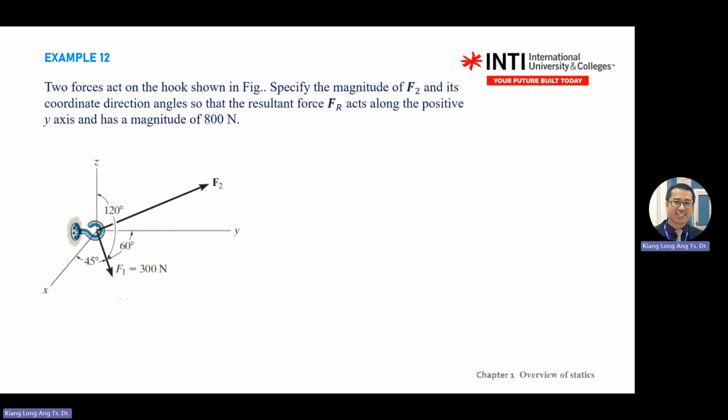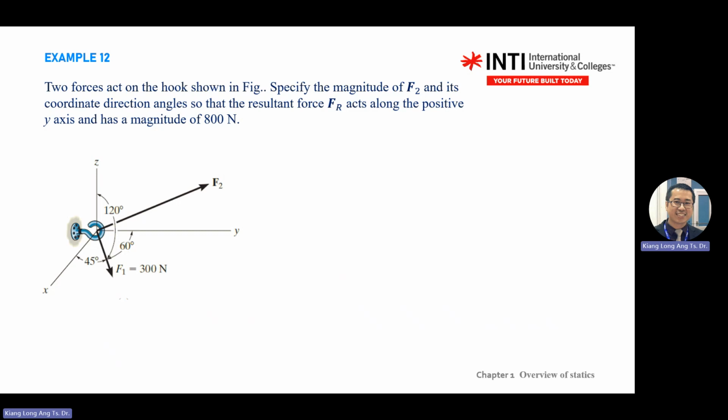Okay. Example 12. Same. This is your homework. Go home and see. You need to find the magnitude of F2 so that the resultant force acts along the positive y-axis with a given magnitude. This one is the reverse question. Just now, the question is from resultant to individual forces.